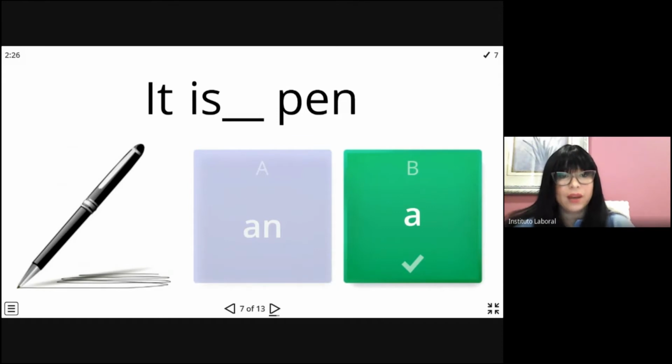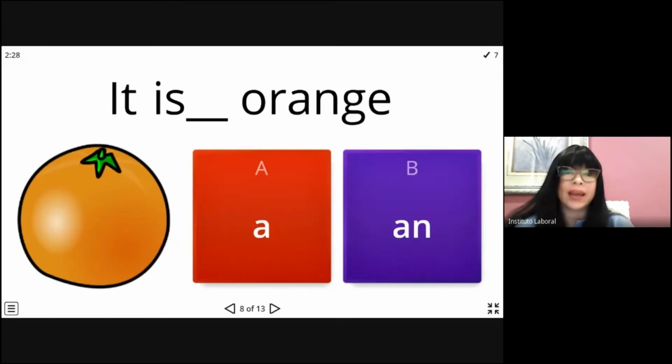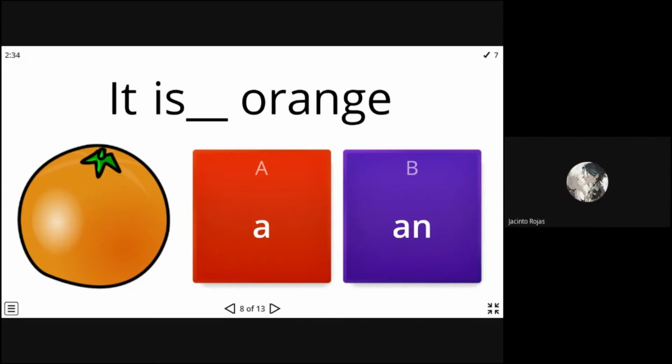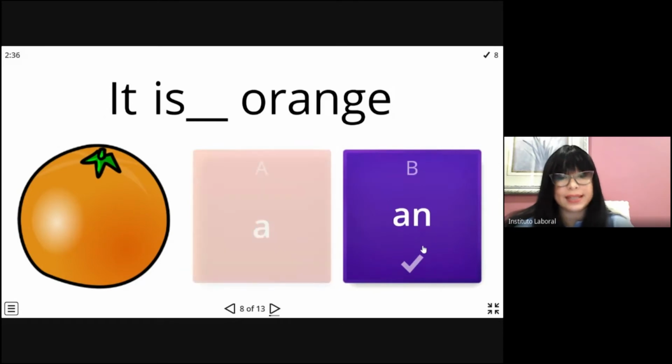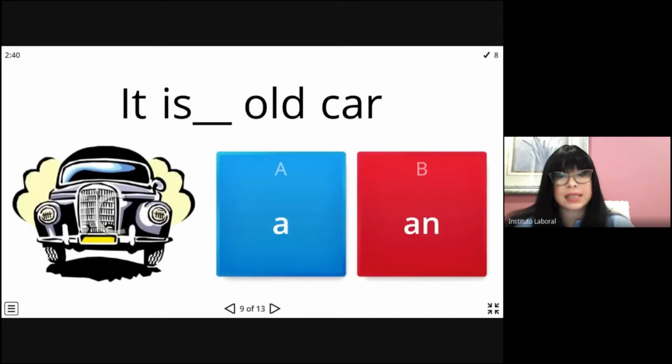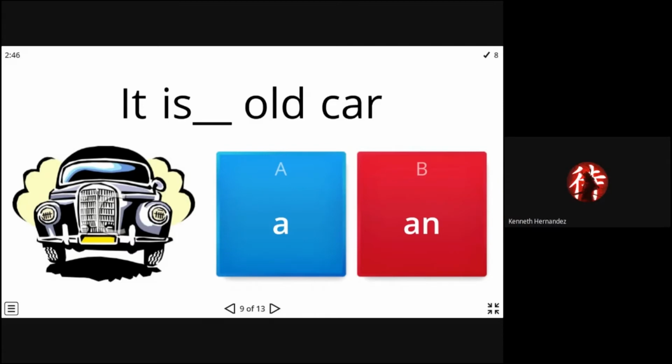Excellent. Remember, all of you can answer. It is an orange. Perfect. Excellent. Very good. It is old.